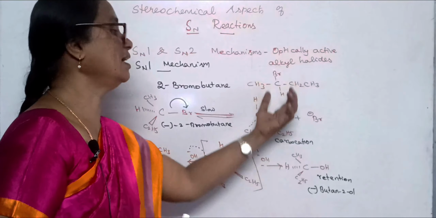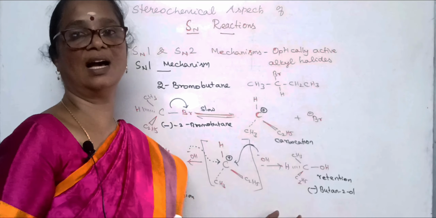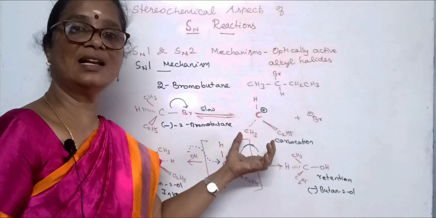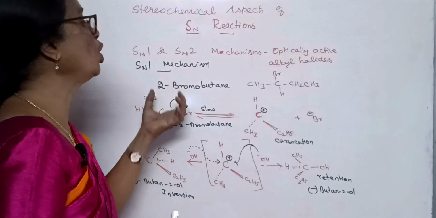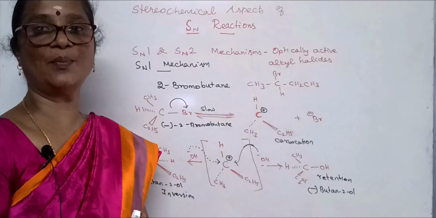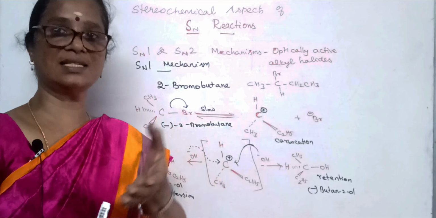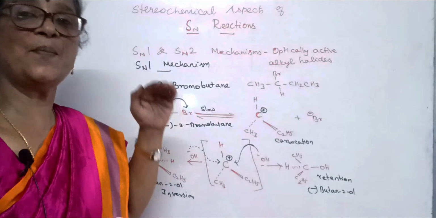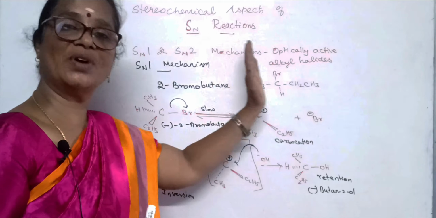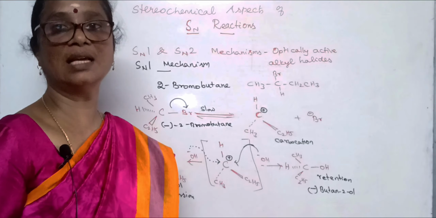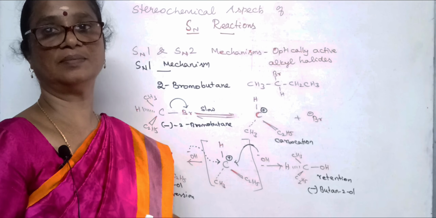That's why we are taking the secondary alkyl halide. Secondary alkyl halides, depending on the groups attached to the carbon and the nature of the solvent, may follow either the SN1 reaction or the SN2 reaction.